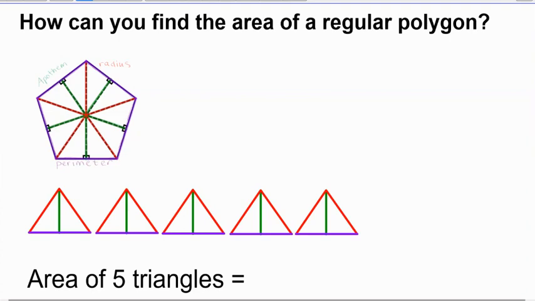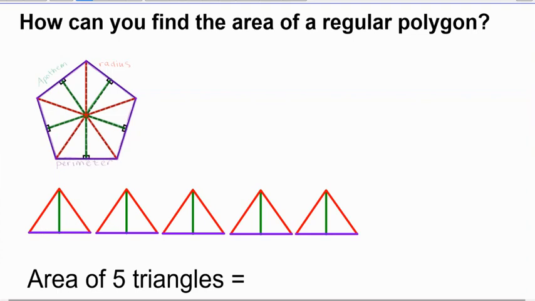Okay, and then I cut apart this pentagon and formed 1, 2, 3, 4, 5 congruent isosceles triangles. Okay, they're isosceles triangles because this radius is congruent to this radius, right? So those two sides are congruent. And then this purple down here, the base of the triangle, was one side of the perimeter around my polygon.